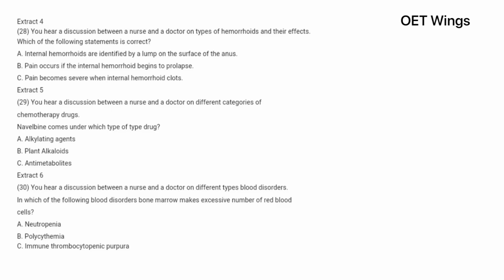Hello, doctor. What are the types of hemorrhoids and their effects? Well, hemorrhoids are a common but aggravating condition involving inflamed and swollen veins in the rectum or anus. Often, external hemorrhoids are identified by a lump on the surface of the anus. These tend to be the most uncomfortable because there are nerve endings in the area. Anal pain, itchiness, tenderness when wiping are some of the symptoms.